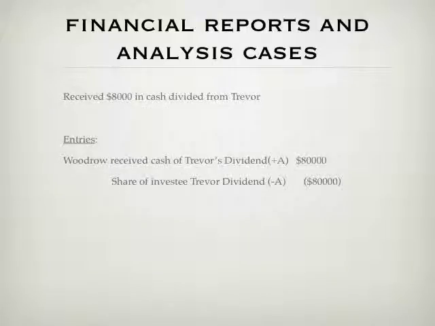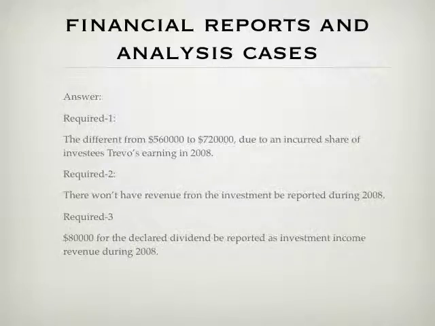And they also received 80,000 in cash dividend from Trevor. In the entries, Woodrow received cash of Trevor's dividend, 80,000, and share of investee Trevor's dividend minus also 80,000.